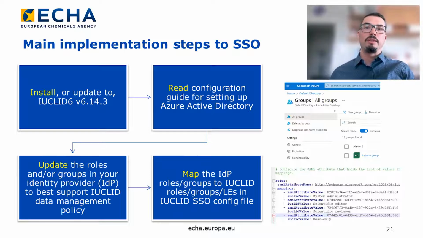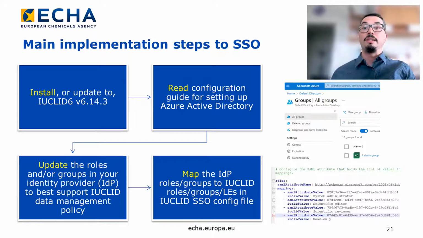Now I'm showing an example of how this looks in Azure Active Directory, where you have a list of groups that you can create and eventually assign to different users in your organization. By doing this assignment to users in the organization, you ensure that they can access Euclid once you have mapped.